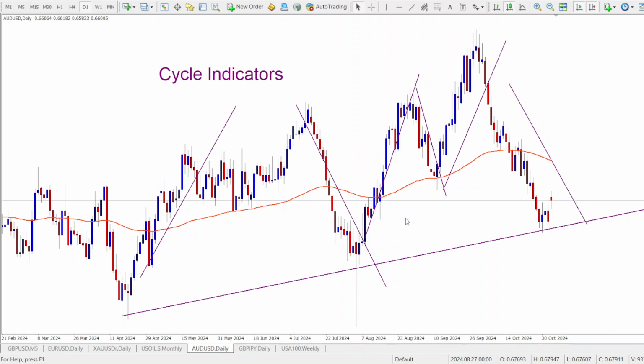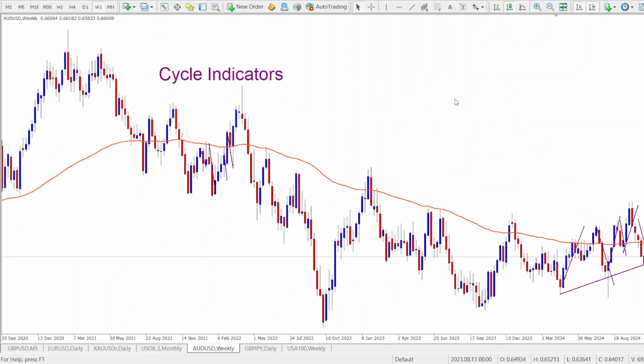It's just that the parameters for calculating the averages are not exactly the same for the smoothed, simple and exponential moving averages. So when you want to use the MA as a cycle indicator, you should use the smoothed or weighted moving average, because of how it aligns with market cyclical behavior.